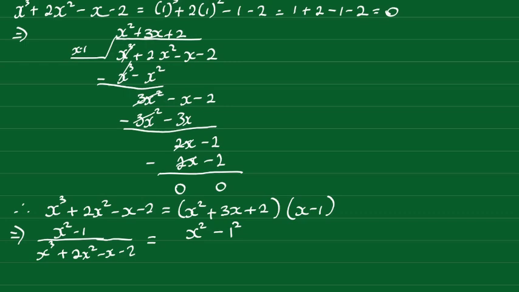Remember we said the other time that our numerator is a difference of two squares, and by squaring 1 we've committed no offense mathematically. So we have at our denominator (x squared plus 3x plus 2)(x minus 1).